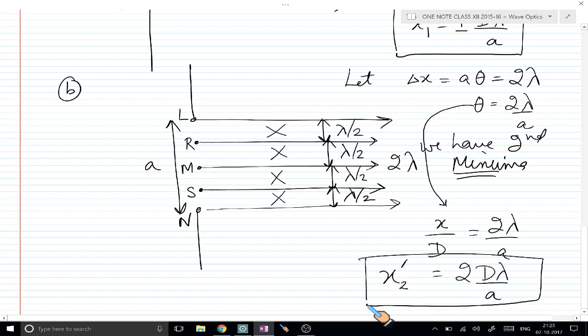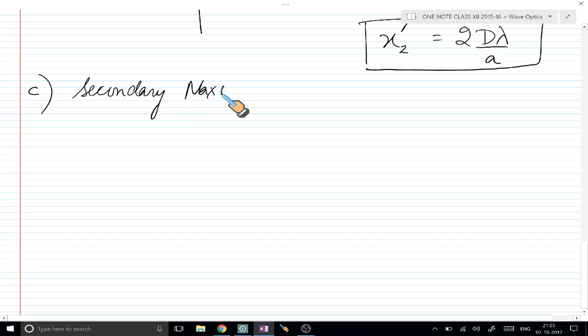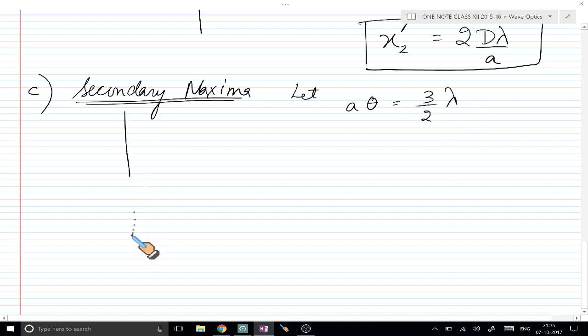Okay. Now let us consider a third case. Third case C. We have secondary maxima. Now what we consider is, let the path difference a theta be equal to 3 by 2 lambda. The aperture which we have, LN, has a width small a.